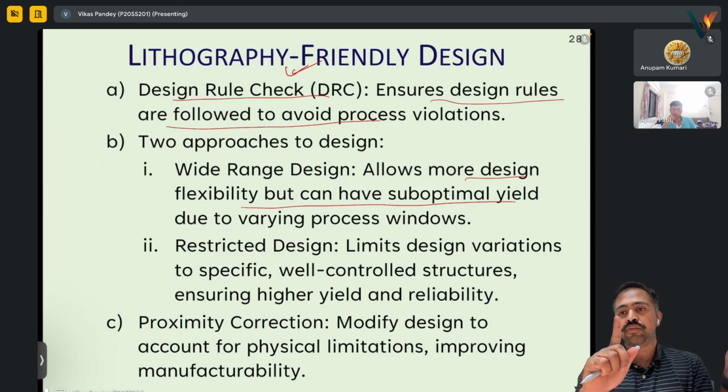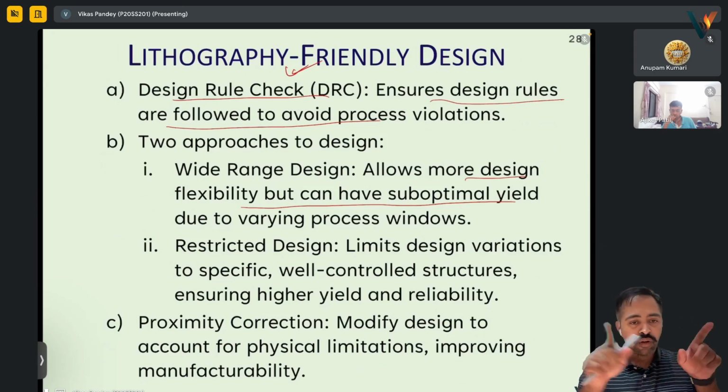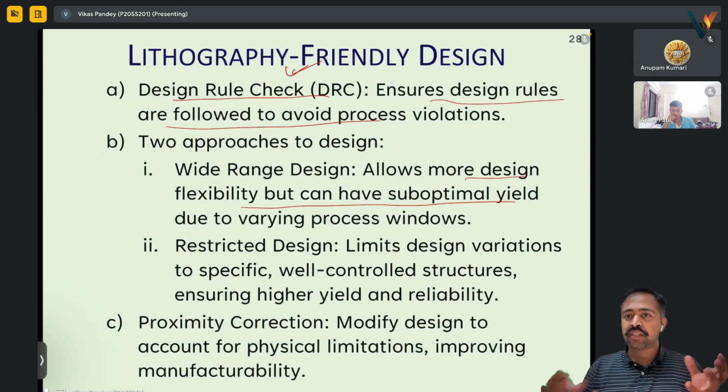All the features should be like that. So you will get a very uniform mask, all the patterns of almost similar sizes and less variation. In this case, we will get a better controlled structure, high yield and reliability, but designing will be much more difficult. All the designs you have to do using this restricted design.